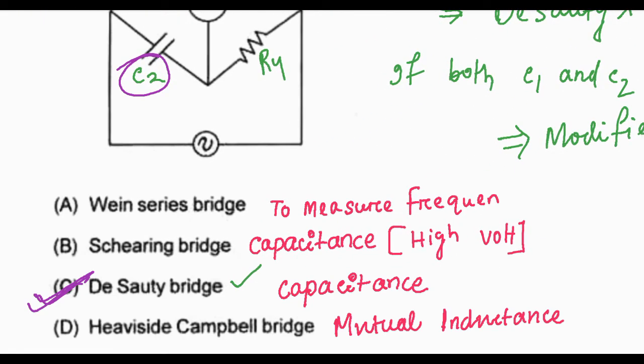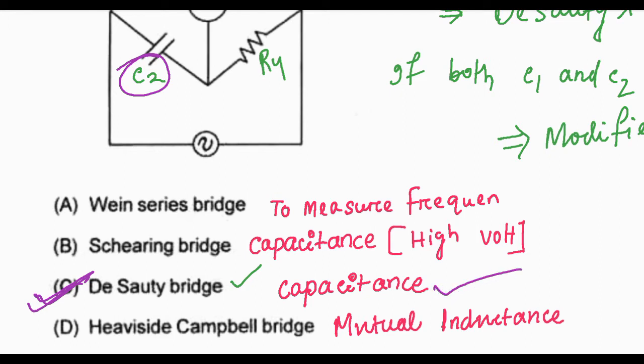What is option A given? Option A is the Owen series bridge. So Owen series bridge is used to measure the frequency. Similarly, the Schering bridge is used for the measurement of capacitance at high voltage, and de Sauty bridge is this one, and this is also used for measurement of capacitance.